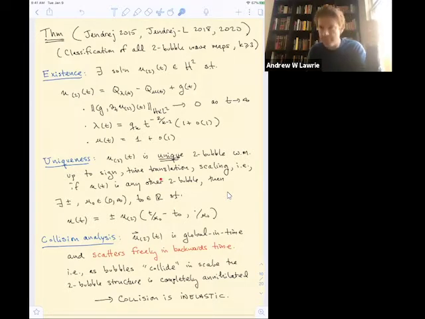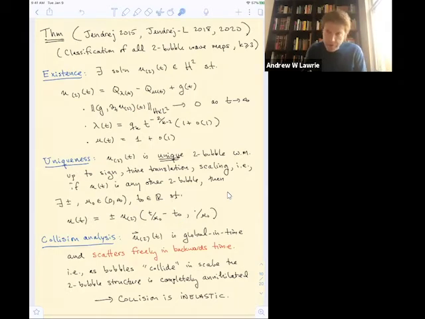What I mean by this is, if I have any other forward in time two-bubble, of course I can time reverse these as well, then I can find a sign, a fixed scaling parameter mu naught, and a time t naught, such that U of t is equal to a rescaling and time translation of the two-bubble that's constructed in part 1 of the theorem.